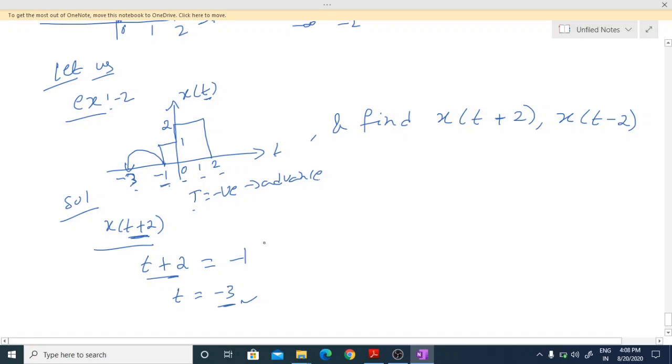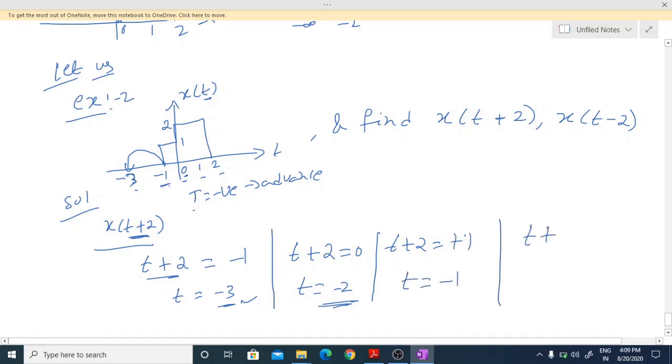And now we can also find where the 0 has to shift. Simply we substitute t plus 2 equal to the next t value 0, then t equals -2. So the amplitude 1 at 0 in the original signal will be shifted to -2. Similarly for the remaining ones: t plus 2 equal to 1, t equal to -1, and t plus 2 equal to 2, t equal to 0.